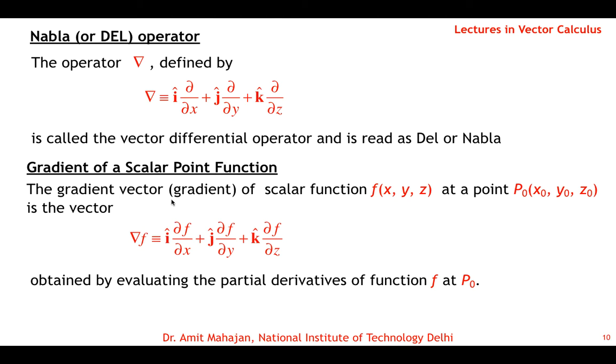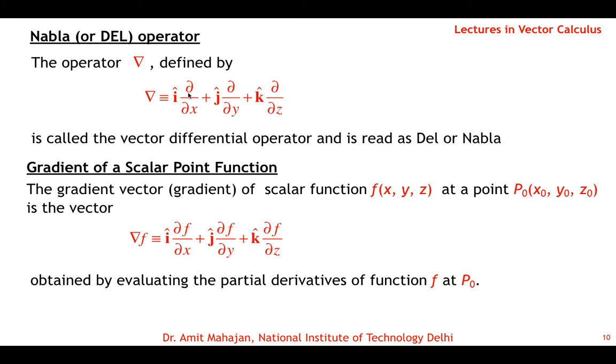The gradient vector, or simply gradient of a scalar function f at point p naught, is the vector quantity given by this. So gradient of f, or del operator on f, is written as del f or grad f, and is equal to this del operator applied on the function f.